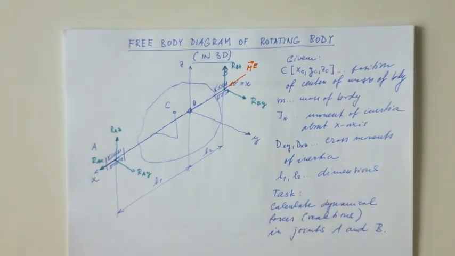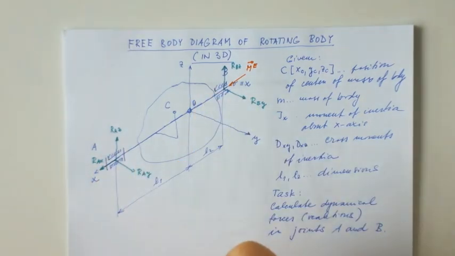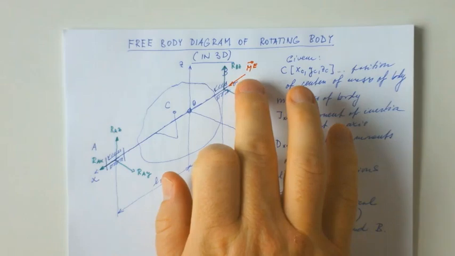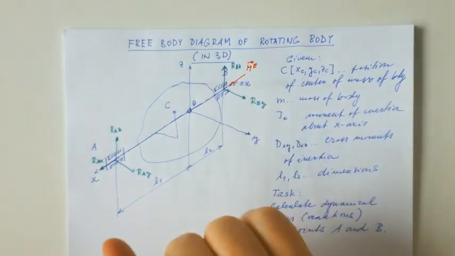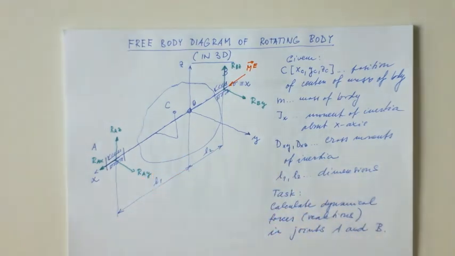So it's a usual technical solution. But these green forces are only reactions. And what about action forces or dynamical forces? The only action force is here. In fact, it's a moment. And in the free body diagram we also need to draw dynamical forces as we derived previously.